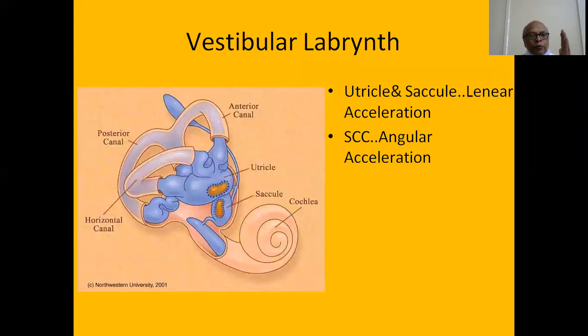Now, suppose the individual is traveling in a bus. The bus travels and the body is in continuous motion. Suddenly, if the bus stops, then the individual will have a sudden movement. That is because of the action of the vestibular labyrinth. The force is acting in a horizontal manner, whereas gravity is acting in the vertical manner.